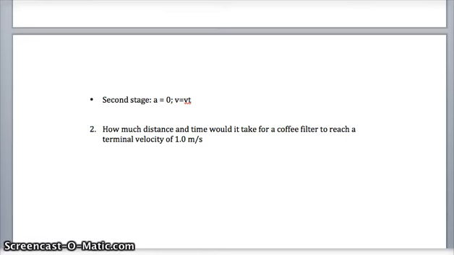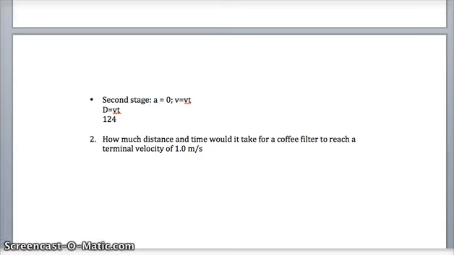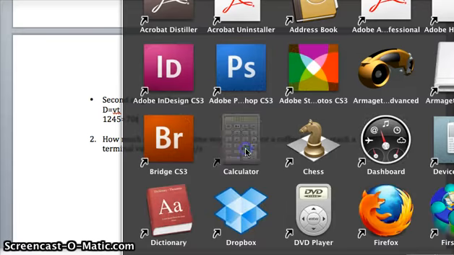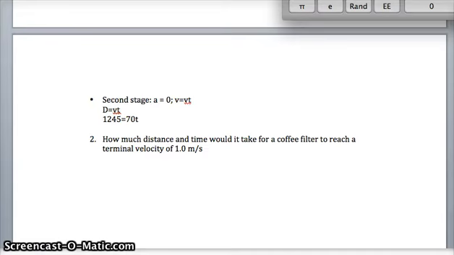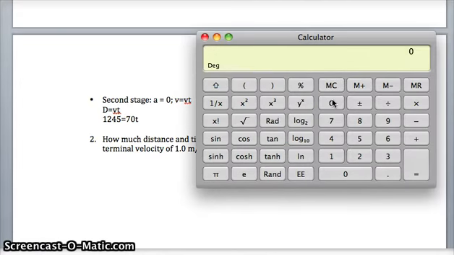So distance is equal to velocity times time, and the distance, 1255, equals 70 times time. Pardon me a second while I get the calculator. There we are. 1255 divided by 70 takes an additional 17.8 seconds.